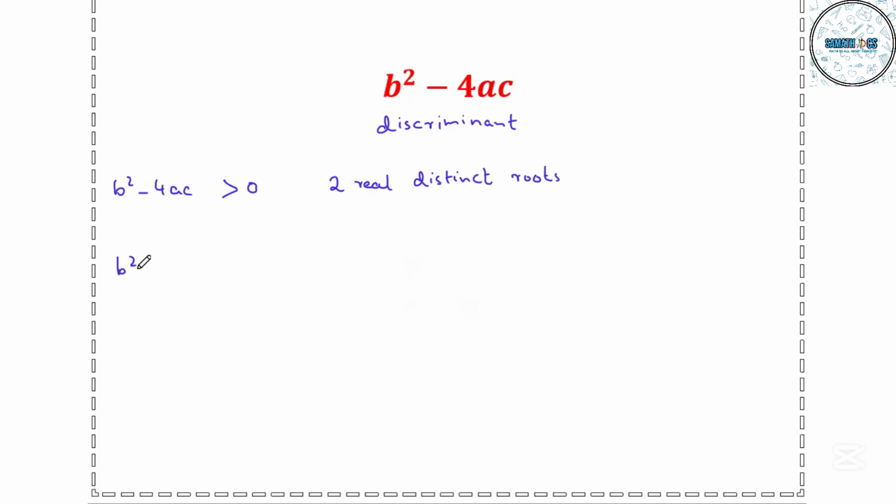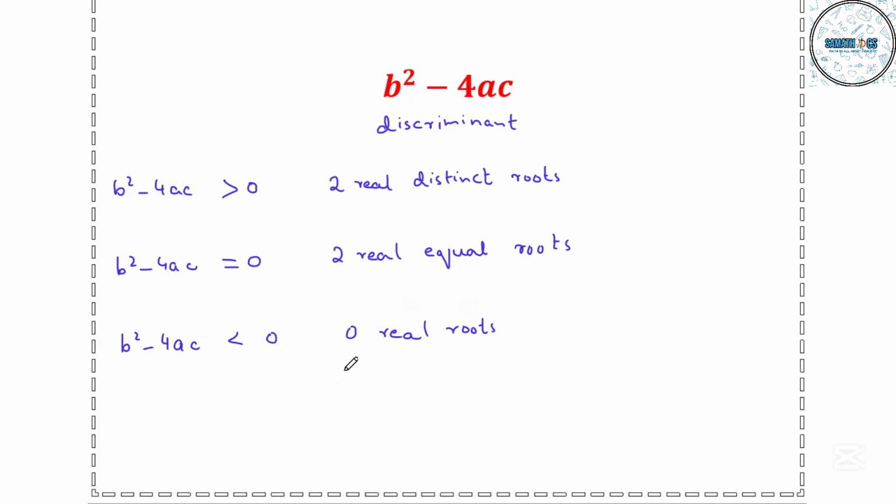When b squared minus 4ac is equal to 0, then there are two real and equal roots. When b squared minus 4ac is less than 0, then there are 0 real roots, or we can say no real roots.